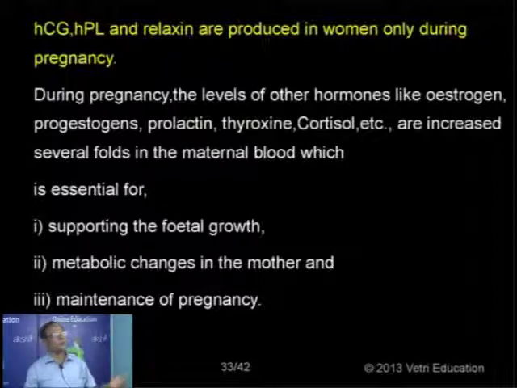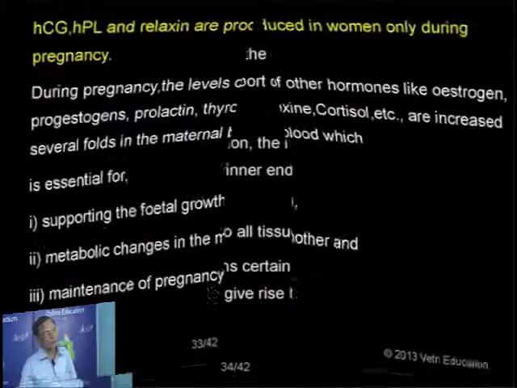Metabolic change is nothing but the increase in oxidation to provide energy, because the mother has to provide energy to the fetus in addition to herself. So why are these hormones increasing in the maternal blood? Number one, supporting fetal growth. Number two, metabolic changes in the mother's body. And number three, to maintain the pregnancy. We need all these hormones to help.